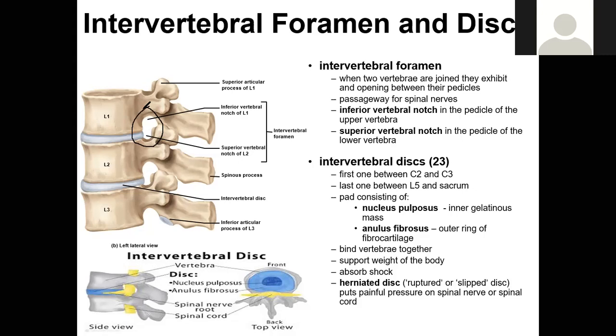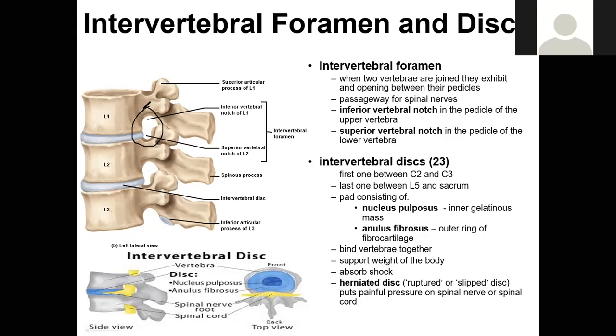This intervertebral foramen is the passageway for spinal nerves that come out of the spinal cord, and these spinal nerves go out to the arms and the legs and innervate those body parts for us to move them. Sometimes this area can get pinched. It can create pain that actually radiates up and down your legs and arms.